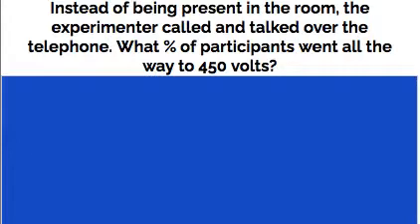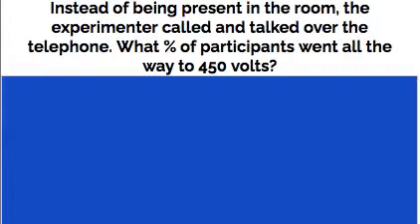All right, so now he kept the experimenter scientific, kept them in a prestigious location, but he had the experimenter only talk over the phone to the participant who's deciding whether or not to shock people. So instead of being right there in the room and saying the experiment requires that you continue, the experimenter is saying it over the phone.